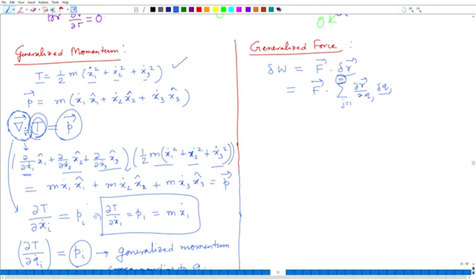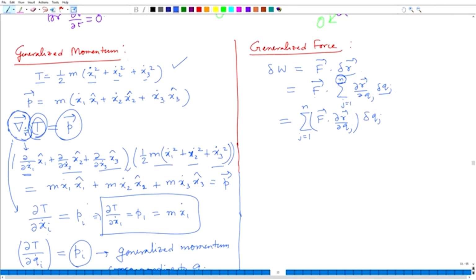You can then take F inside this summation, which is done over the number of degrees of freedom, the effective degrees of freedom. So, you will have this times delta Qj.